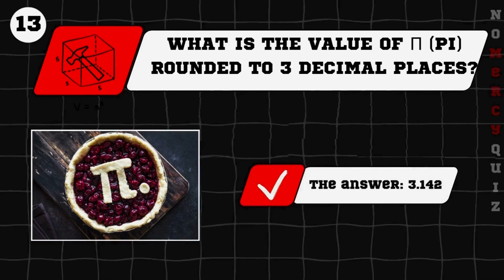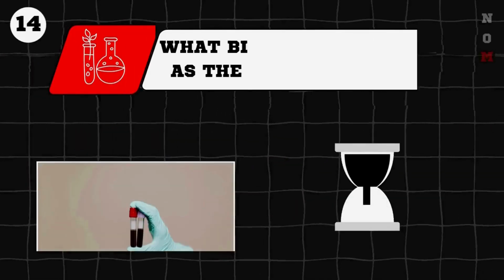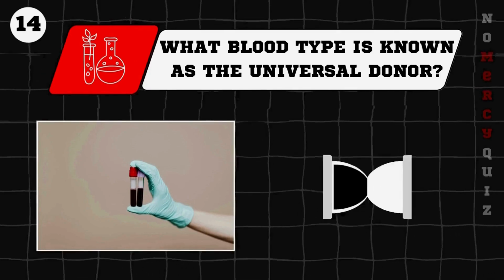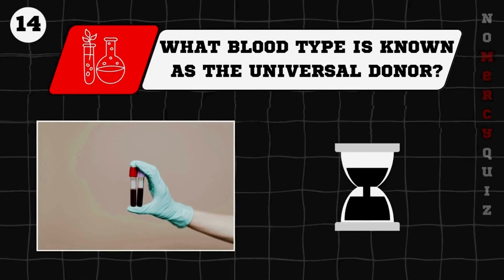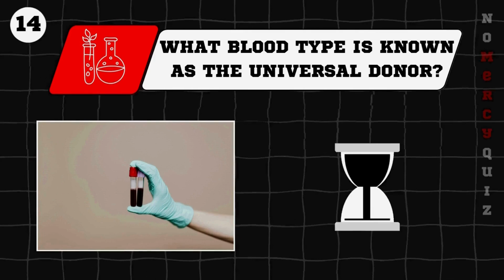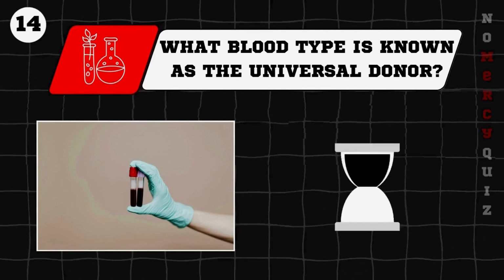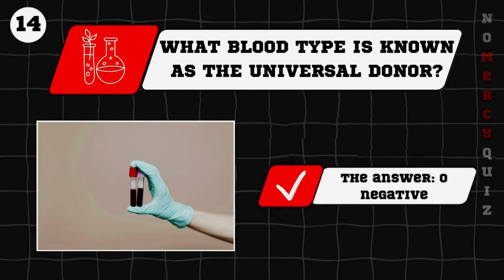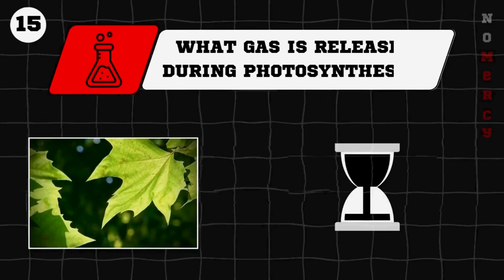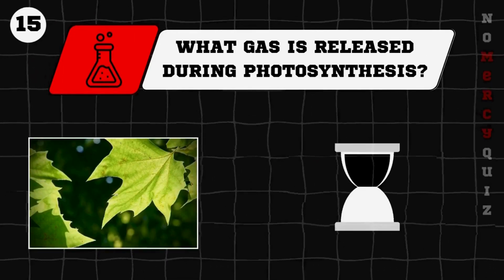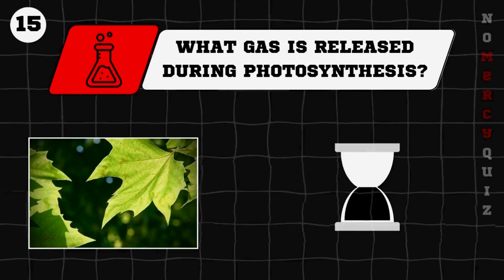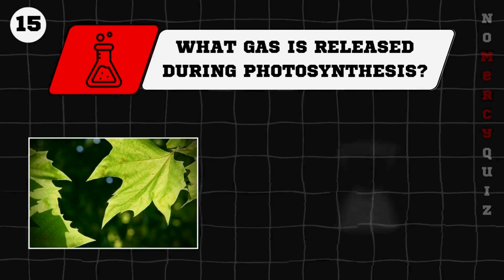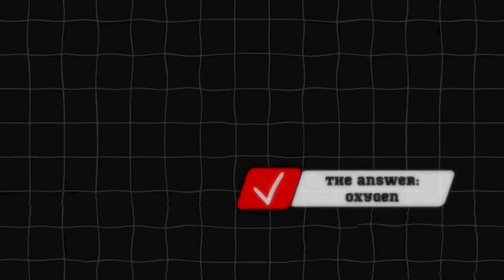It's 3.142. What blood type is known as the universal donor? O negative. What gas is released during photosynthesis? It's oxygen.